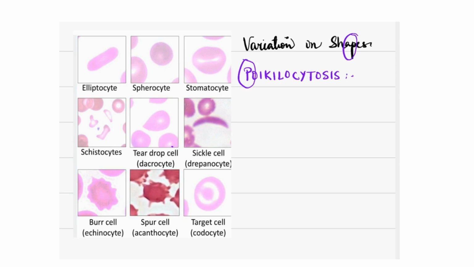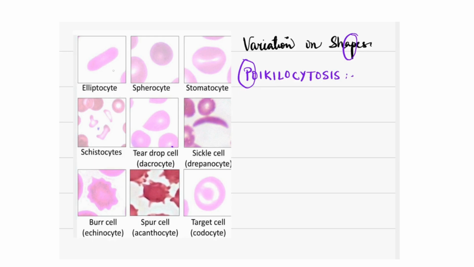It's very easy if you just mug it up once and then try to see it practically if it is possible. Otherwise, just keep on doing the atlas of hematology and you'll have it mugged up.